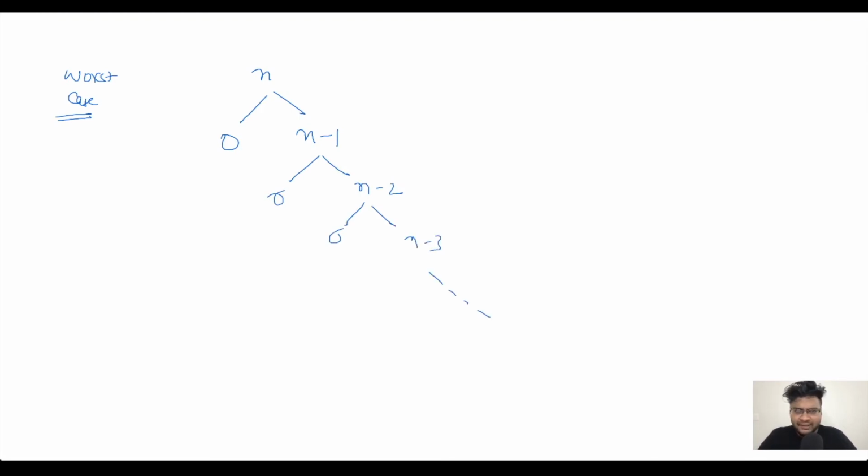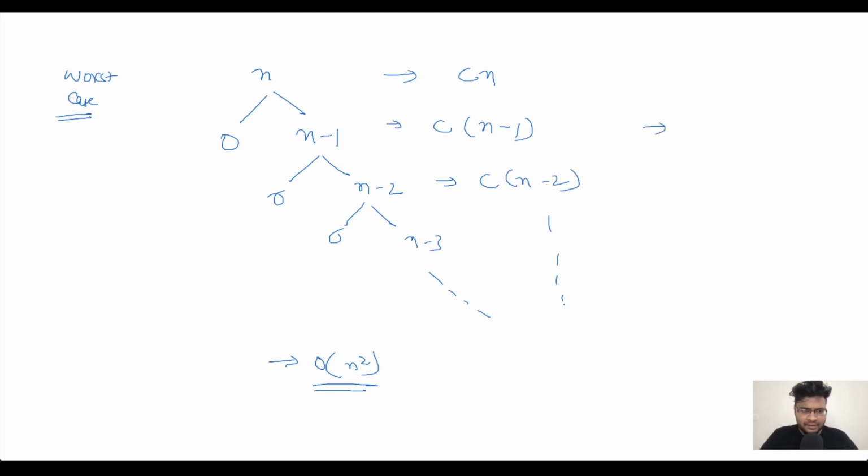With some inspiration from merge sort time complexity analysis, this will be Cn, this will be C of n minus 1, this will be C of n minus 2, and this will keep on going. This becomes O of n square, an arithmetic series. The worst case scenario will occur when the array is reverse sorted.